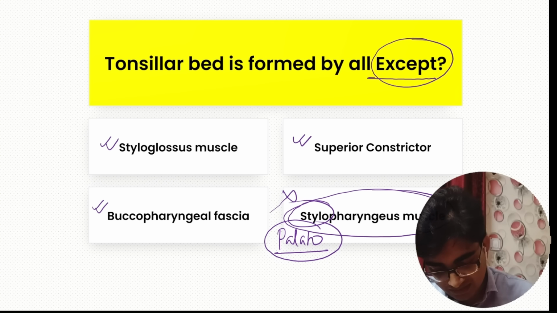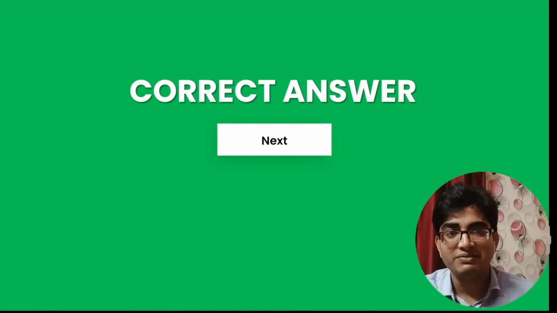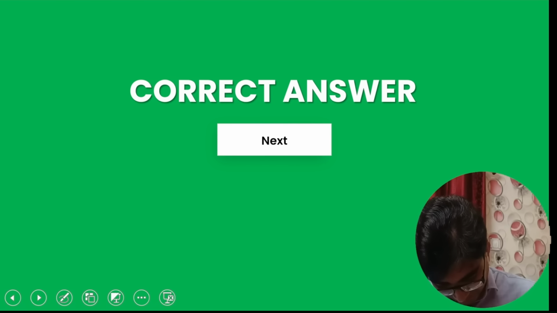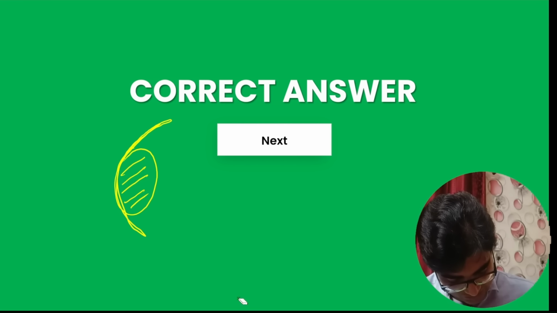tonsillar bed now. Okay, so let me go to this slide. Obviously that should be the answer, stylopharyngeus. Okay, so now you see there is the tonsil being drawn, and this tonsil is actually having a covering, that is the capsule. So this very capsule is nothing but the condensed pharyngobasilar fascia.